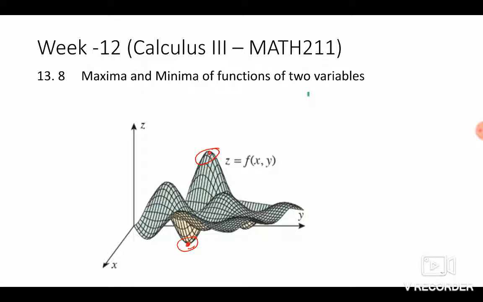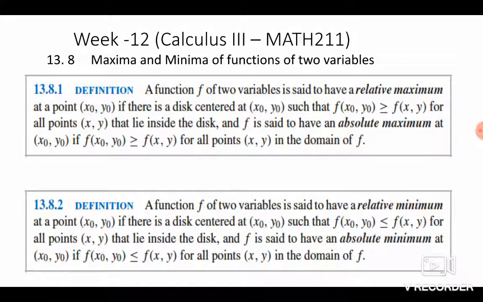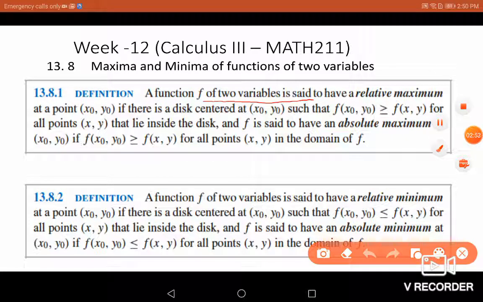Let's go to the proper definitions right now. The definition says that a function f of two variables is said to have a relative maximum at a point (x0, y0) if there is a disk centered at it.